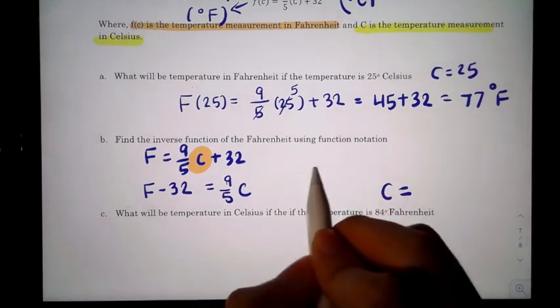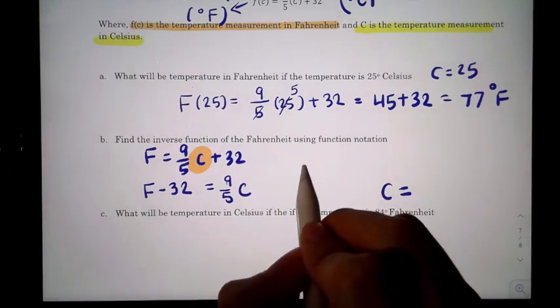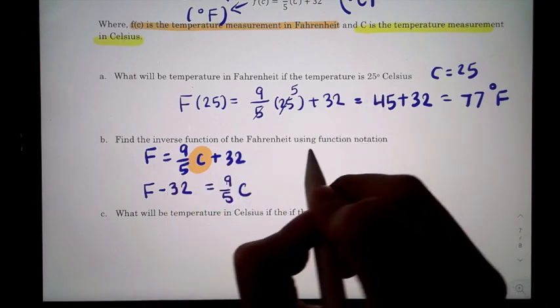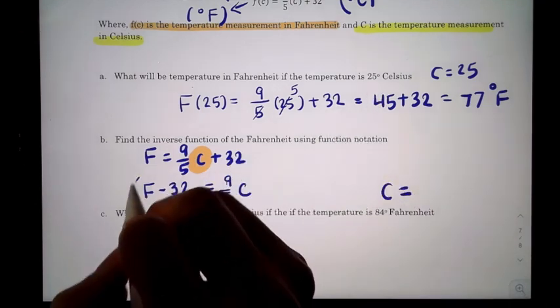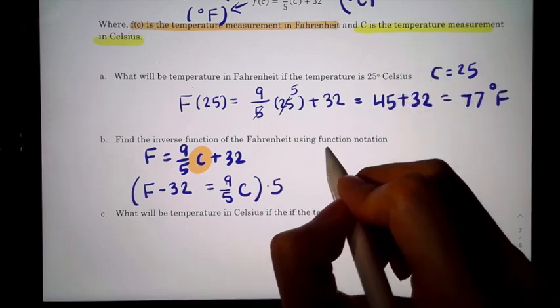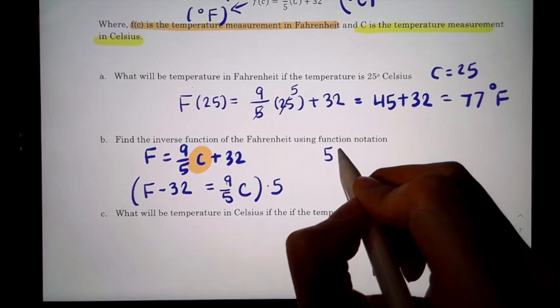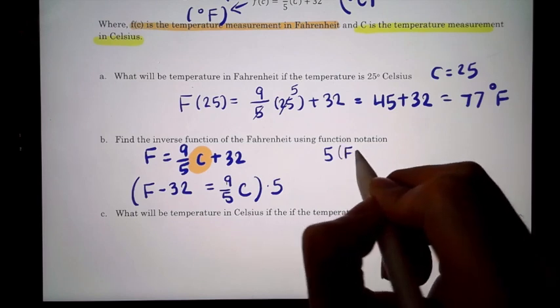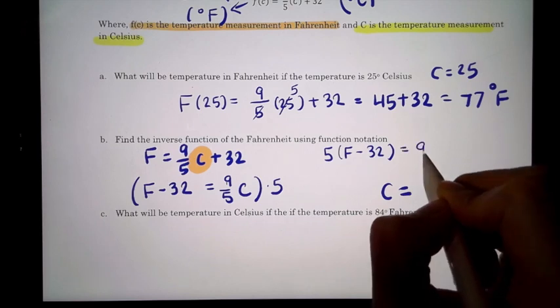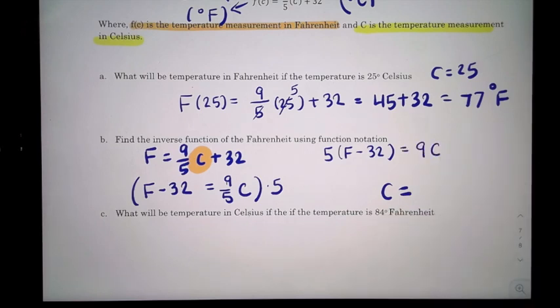You need to multiply by 5, or you can multiply by 5 first before you subtract, that doesn't matter. So I multiply by 5, then that is 5 times F minus 32 equals 9C, right?